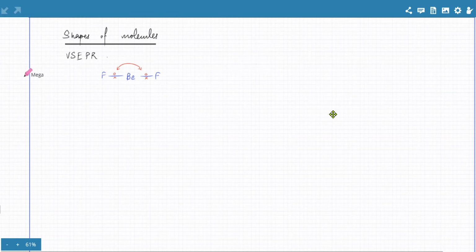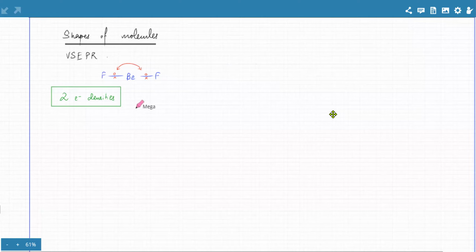The next thing is that now we're going to determine the shape of molecules based on this. The first one, number one, is if there are two electron densities. What do I mean by two electron densities?